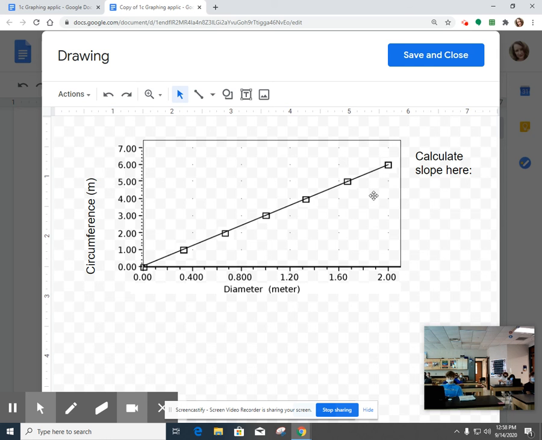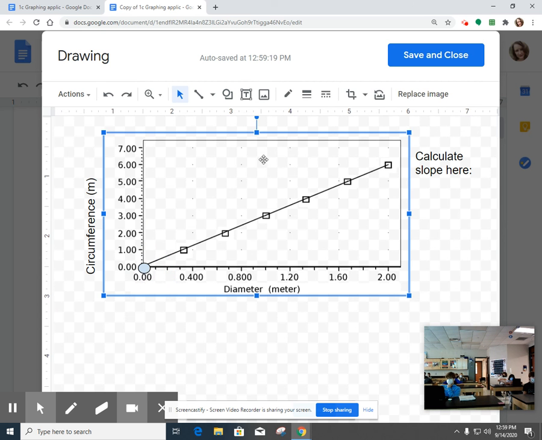Next up, what's our next step? Hey, Shaw, what's our next step? Do you have any idea? What do I do when I have a graph? Find a slope. We got to find the slope. Pick a first data point that you want us to work with. Zero, zero. Okay, so let's go here. I am going to hit the shapes, and then I'm going to hit a little circle so I know which one I'm doing.